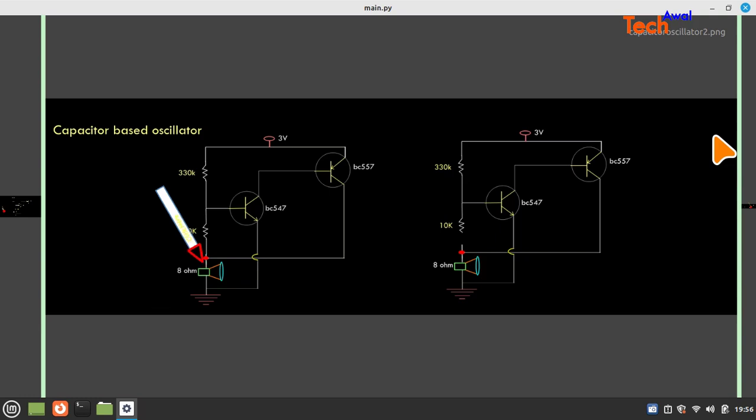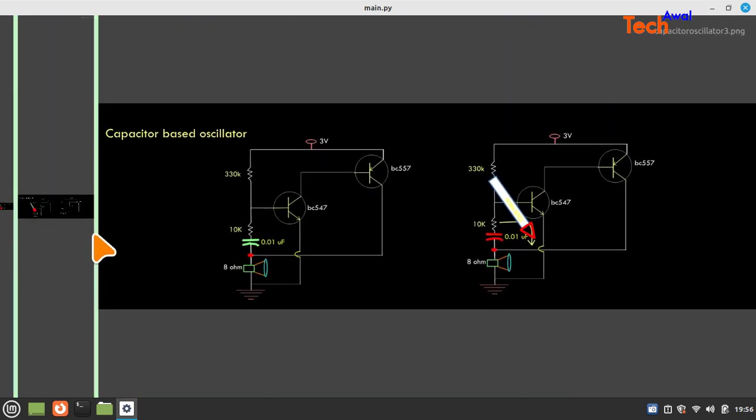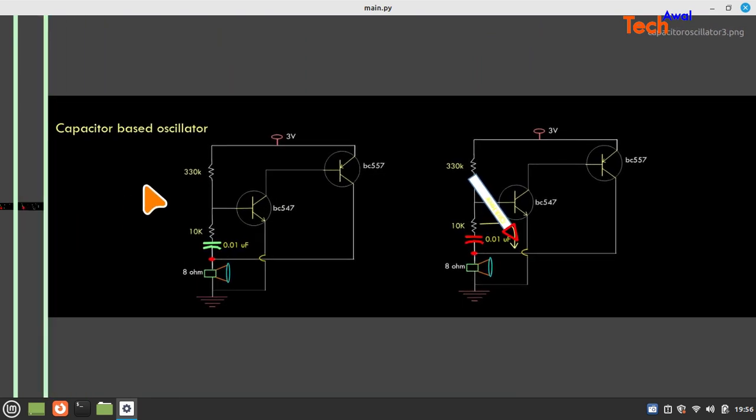Okay, and when it is being charged, after some time it will become fully charged and it will make it an open circuit, and then again there is no current.